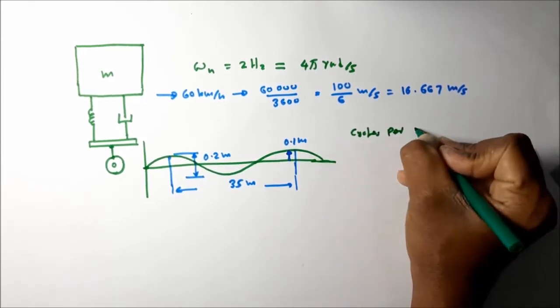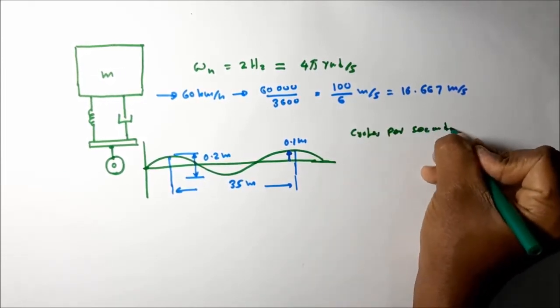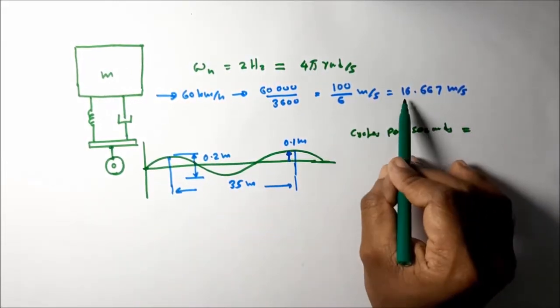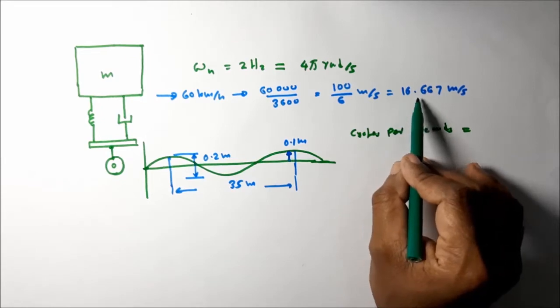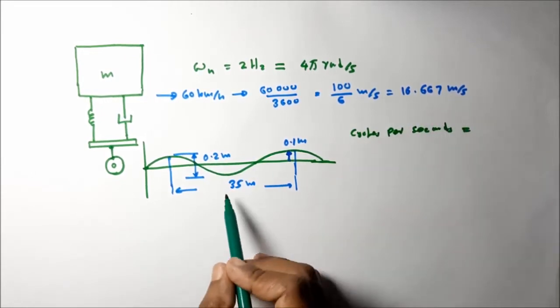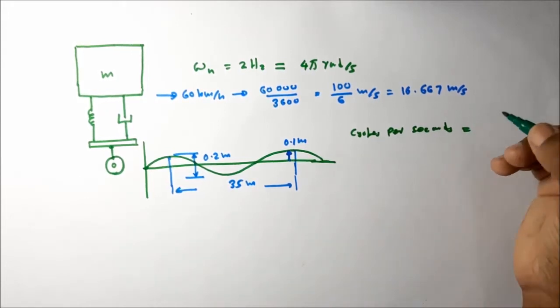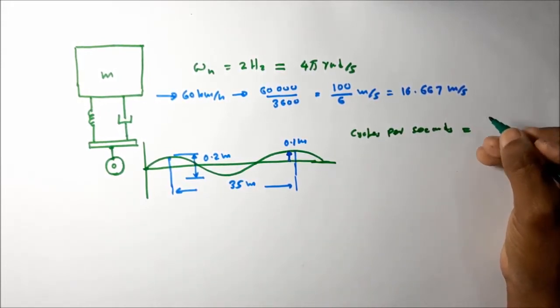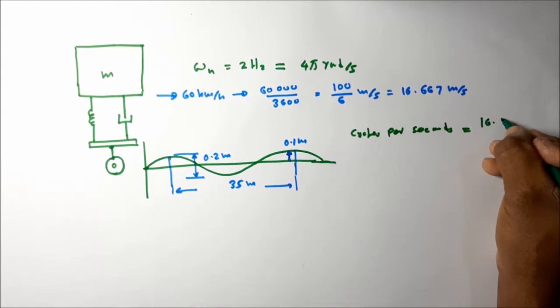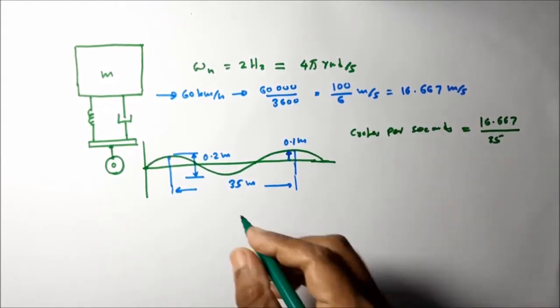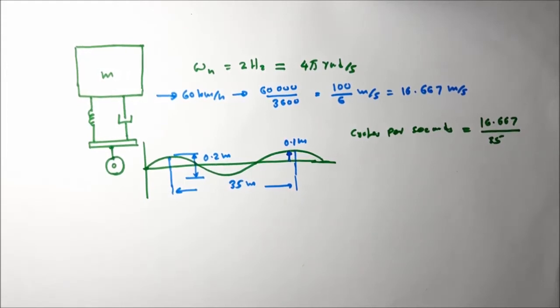It moves 16.667 meters per second and lambda is equal to 35, so the cycles per second is 16.667 divided by 35. This is the base excitation frequency in cycles per second.